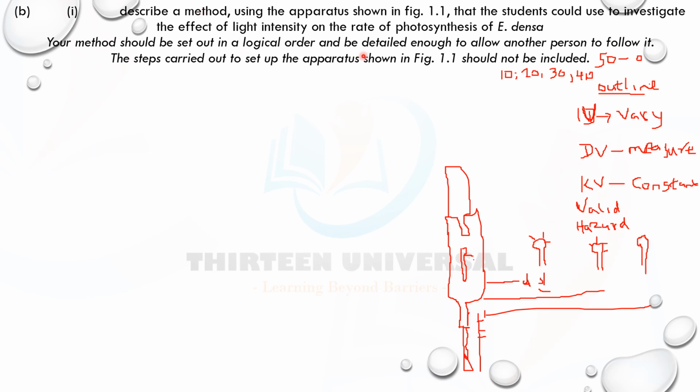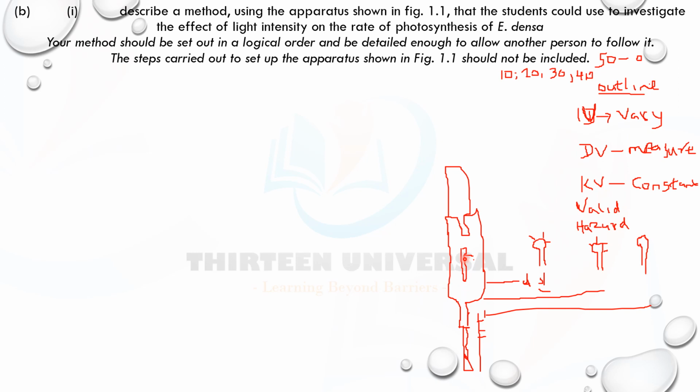You develop the essay by stating, for example, how this is prepared. You pour the same volume and same concentration of sodium hydrogen carbonate into the barrel of the syringe, and then put the plant.